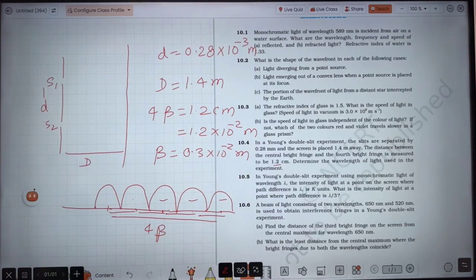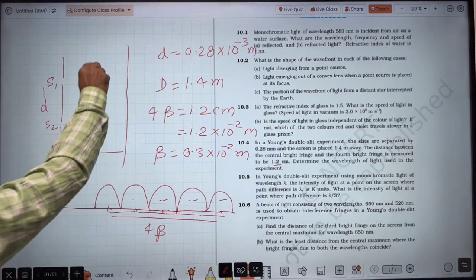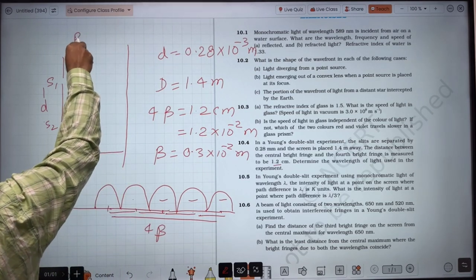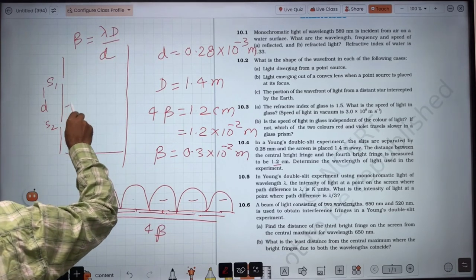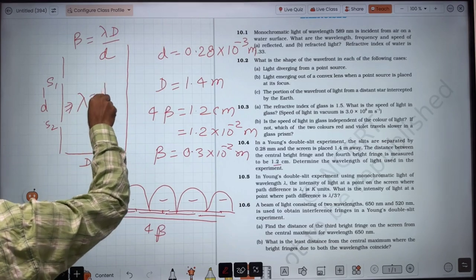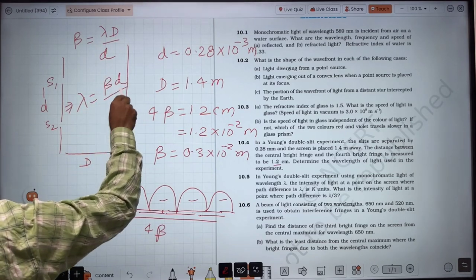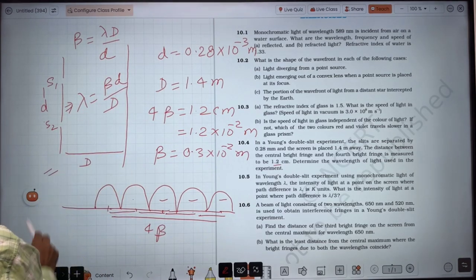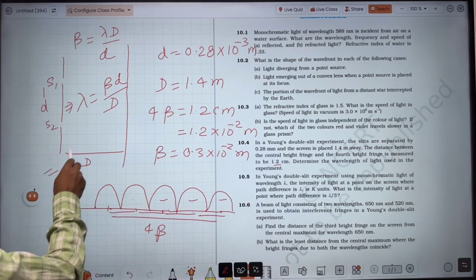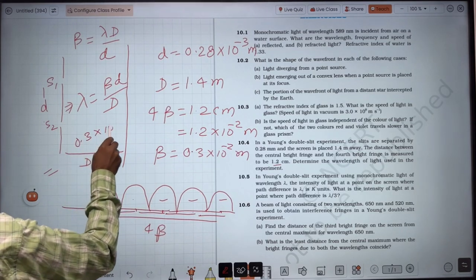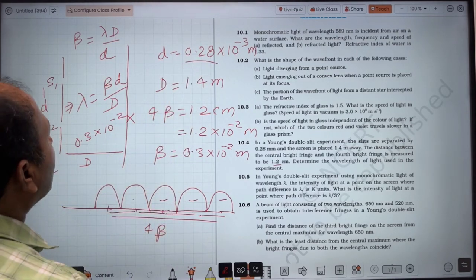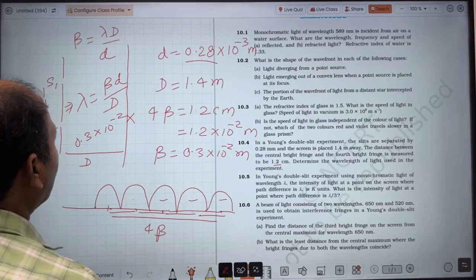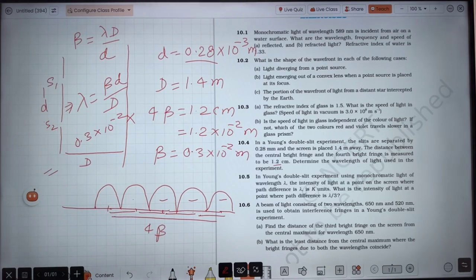So we have information small d, capital D, beta, and we have the formula. Beta is given by lambda times capital D divided by small d, or lambda equals beta times small d divided by capital D. We can put the values: beta as 0.3 into 10 to the power minus 2, times small d, this is 0.28 into 10 to the power minus 3, and the whole divided by 1.4, and then we can evaluate.